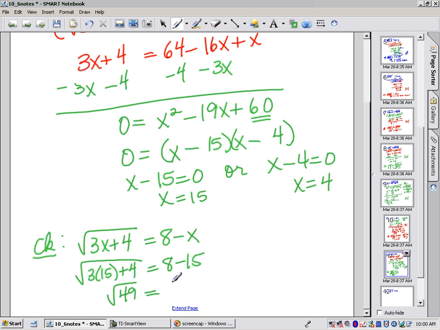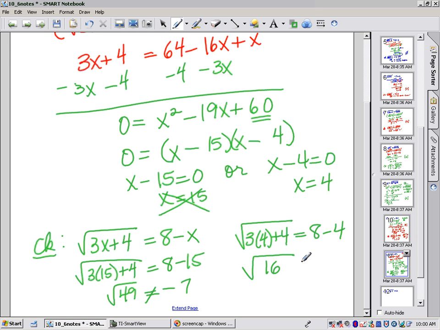Does that equal negative 7? No, because the square root of 49 is 7. So that does not make sense, and 15 is not a solution. If we plug in 4, 3 times 4 plus 4, is that equal to 8 minus 4? Well, this is 12 plus 4, which is 16. The square root of 16 does equal 4. So the only solution is 4.